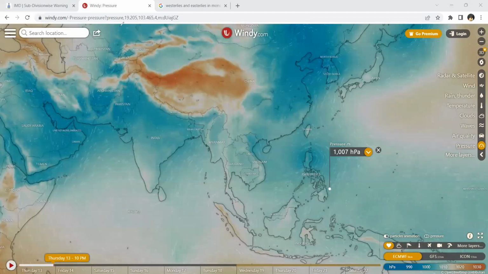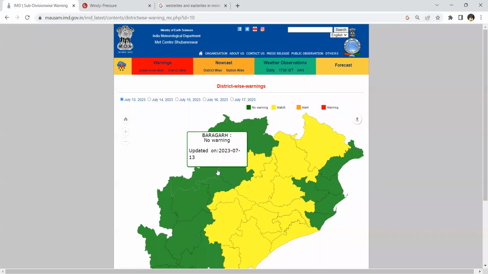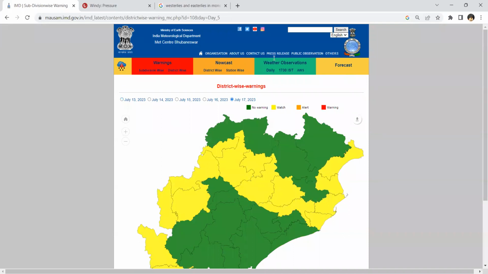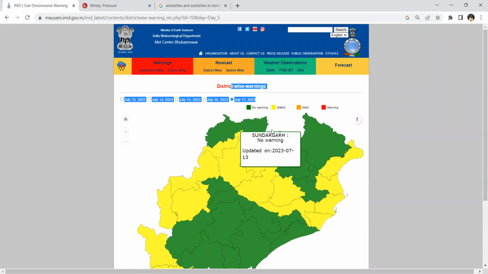So before going to that, I would like to show you the warnings by IMD for the state of Odisha. So IMD has not yet put forward the warnings for July 17th. So the warnings which we currently have are till 17th, and we don't have warnings of 18th.